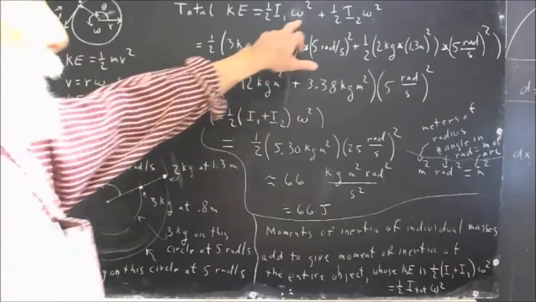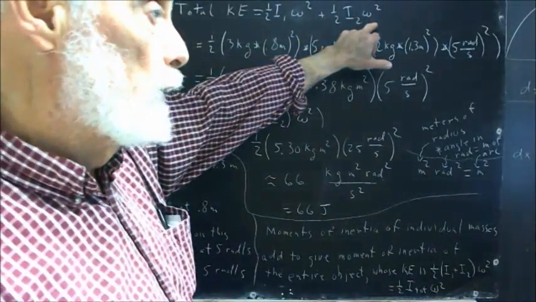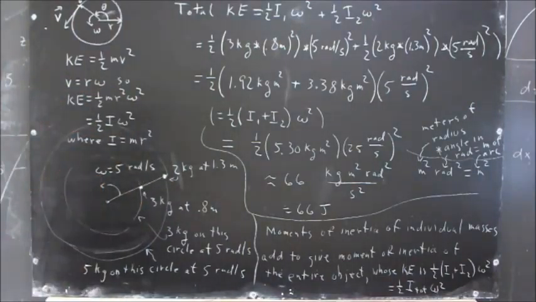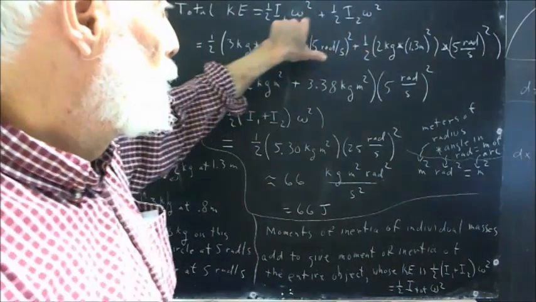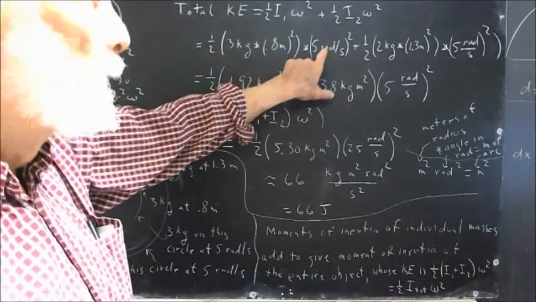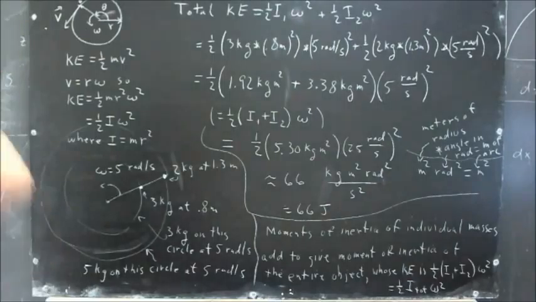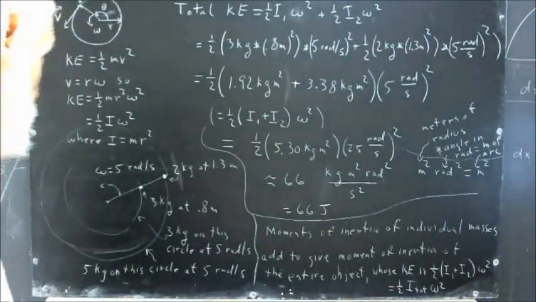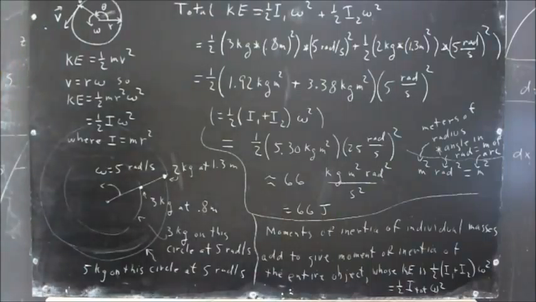But we want to calculate these now using the moments of inertia. One change from last time, I had an omega 1 here and an omega 2 here. Since the two are moving at the same angular velocity, we don't need to have subscripts. We can just call the angular velocity omega, the common angular velocity, being 5 radians per second. Now, I've gone ahead and substituted all the necessary terms.